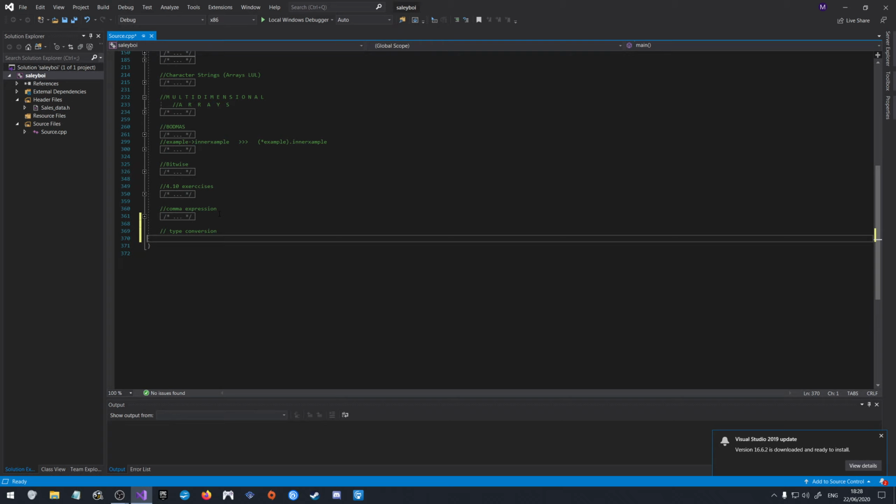Explain the following expression. double slope equals static_cast<double>(j / i). Double slope is a double variable called slope, and we are initializing it to the expression j divided by i, which I believe we established were integers.